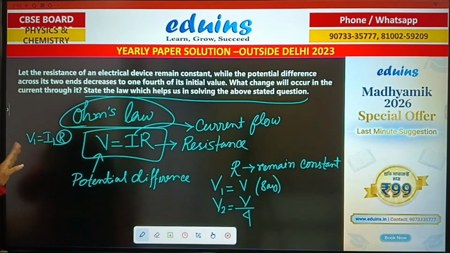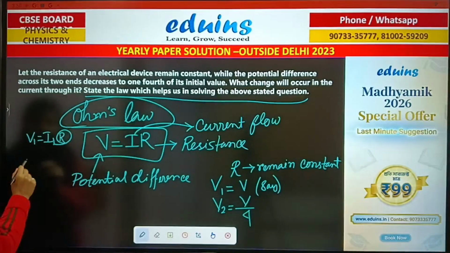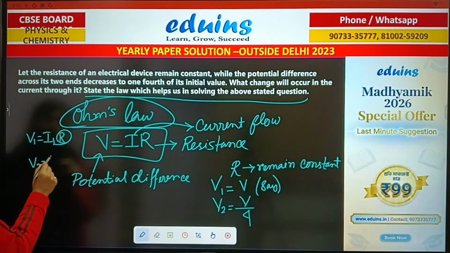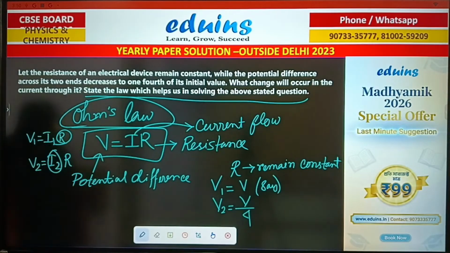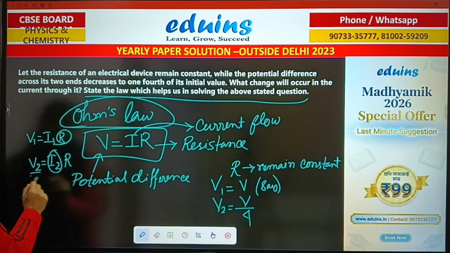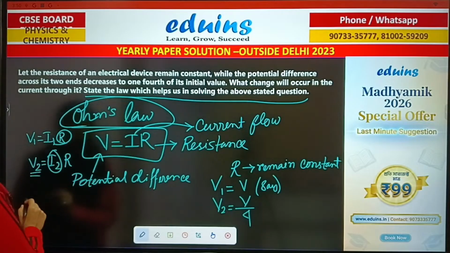Now for V2 we get I2R, and we have to find I2. So V2 equals I2R, where V2 means V by 4.